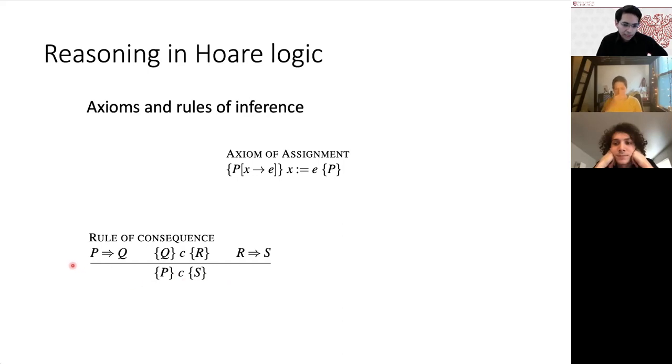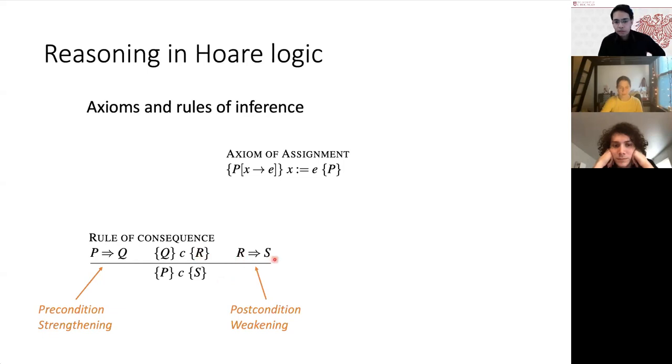So what this rule is saying is that if you have a triple {Q} C {R}, and if there is some proposition P, if that implies Q, then we can replace this precondition with P. This technique of strengthening the precondition can also be written as a separate rule of its own. I've just combined them here, and it's called precondition strengthening. In the other direction, we can weaken the post condition. So we had R here, and if R implies some other proposition S, we can just replace it with S.